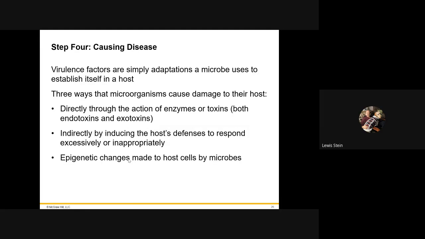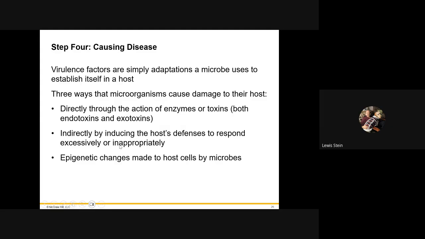And step 4, factors are simply adaptations a microbe uses to establish itself. So again, and this is the important part, direct means enzymes or toxins. Bacteria are all about exotoxins, and against gram negatives, endotoxins.